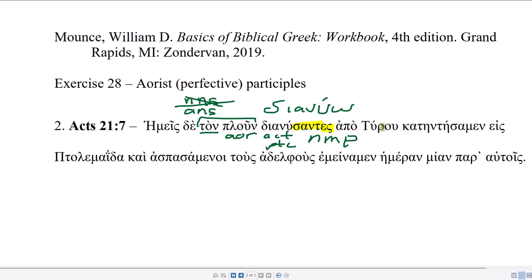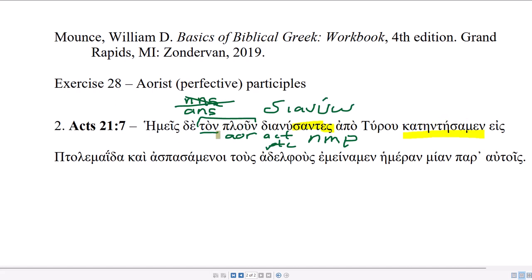Apaturu, from Tyre, they sailed from Tyre. And then we have our finite verb here. This is an aorist active indicative, first plural from katantao, and katantao means to meet or to arrive. The idea here is we arrived, simple aorist active here.